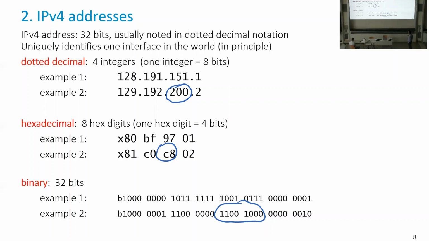IPv4 addresses are 32 bits. They are written like this; this is an IPv4 address, 32 bits. We usually group bits in blocks of 4, which gives one hex digit.